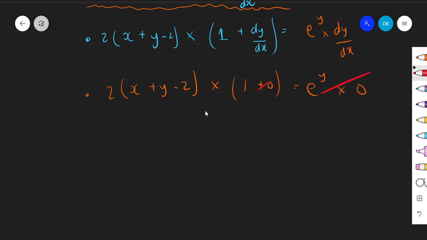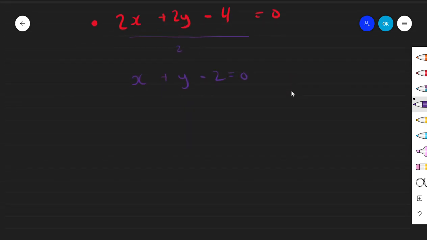If you write that down again, we get 2x + 2y - 4 is equal to 0. To further simplify it, we can divide everything by 2, which gives us x + y - 2 equal to 0. Now we can either rearrange for y or x.